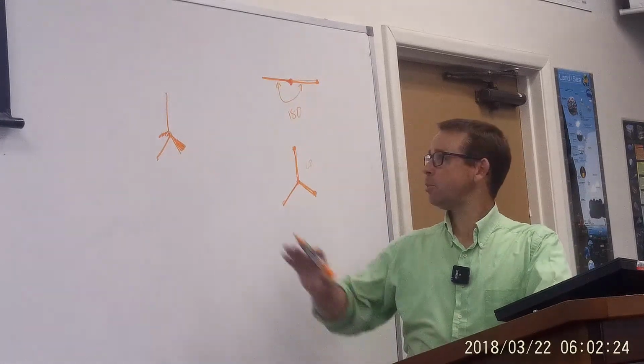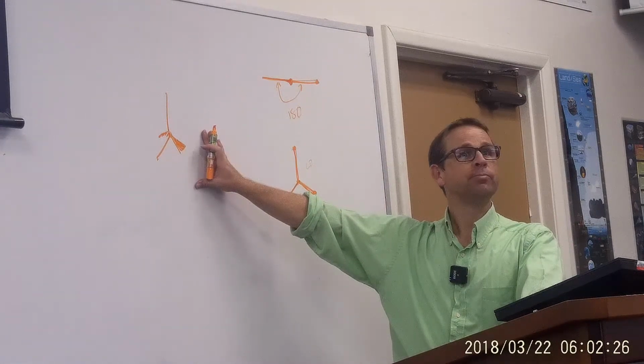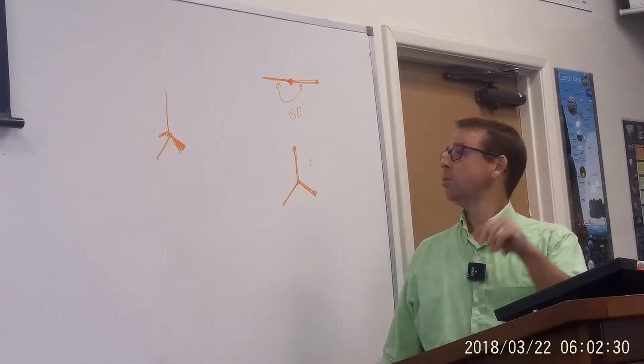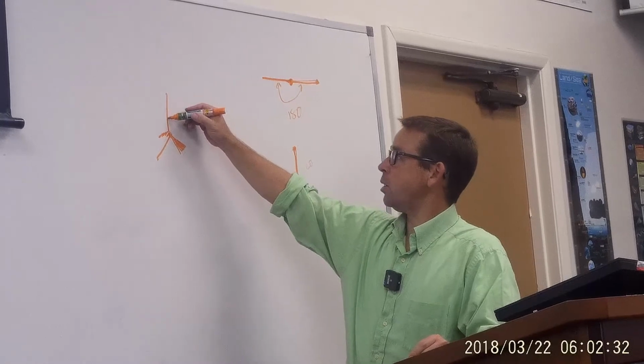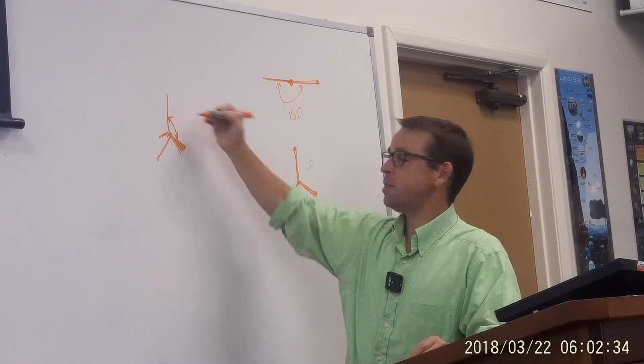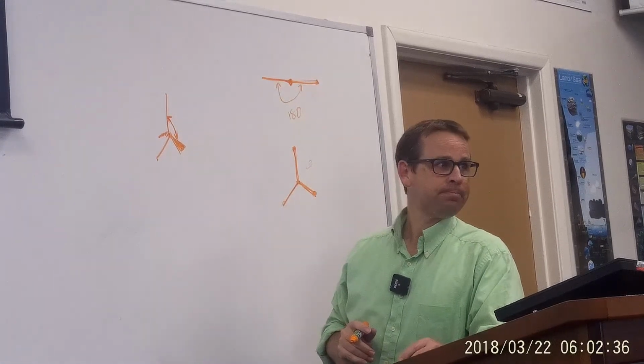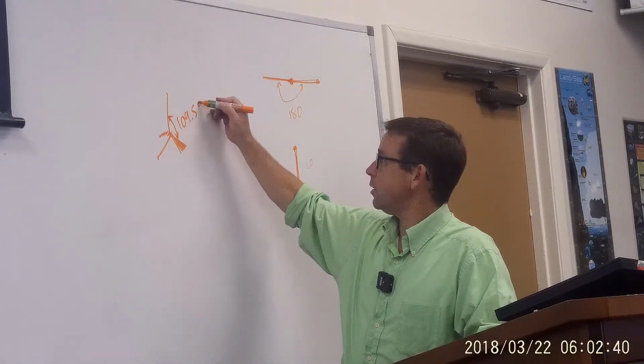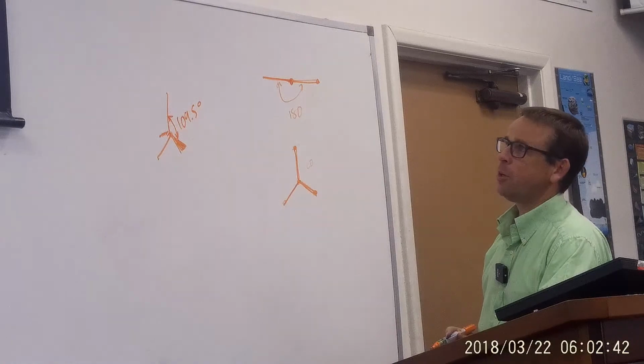And what was that shape called? Anybody remember? Tetrahedral. Very good. So, we also know the angle for these 4 regions of electron density. Remember that angle? What was it? 109.5 degrees. Okay, very good.